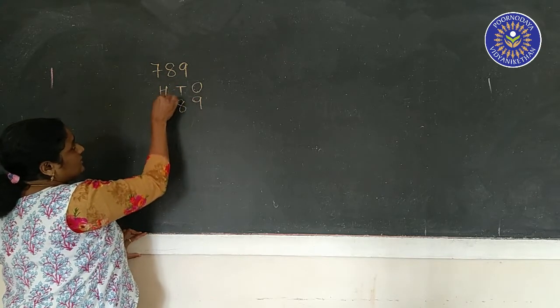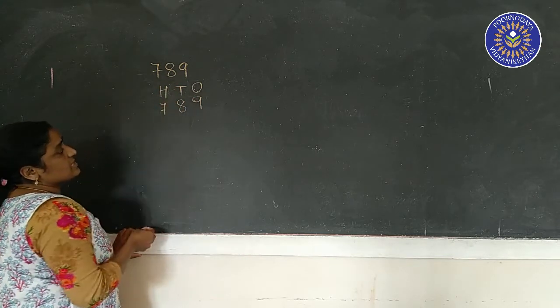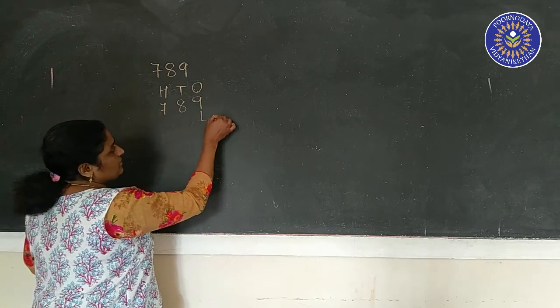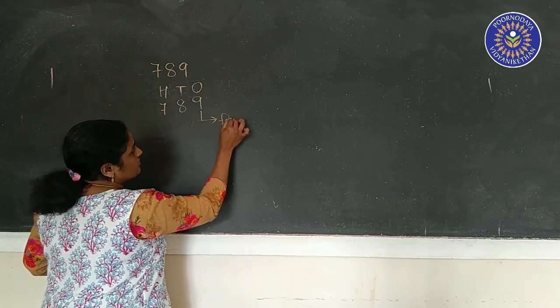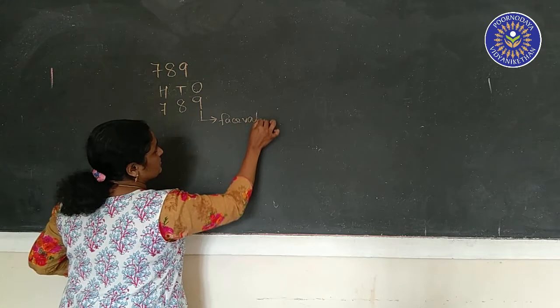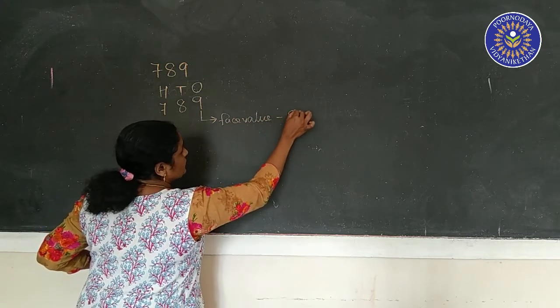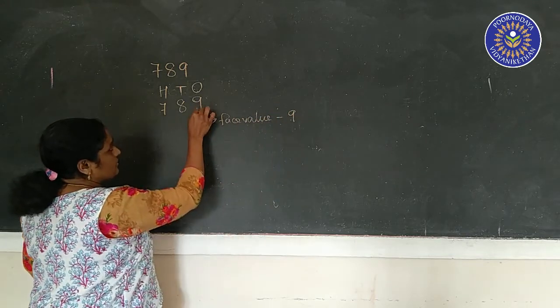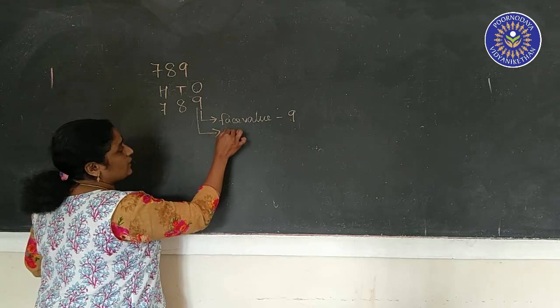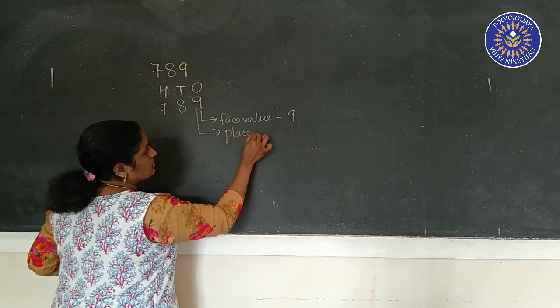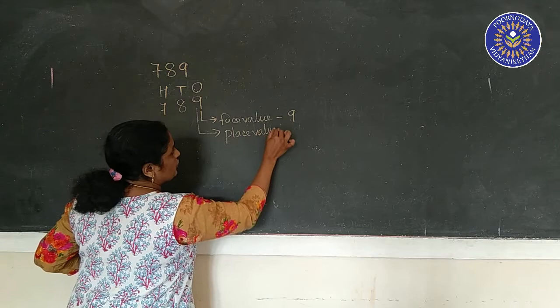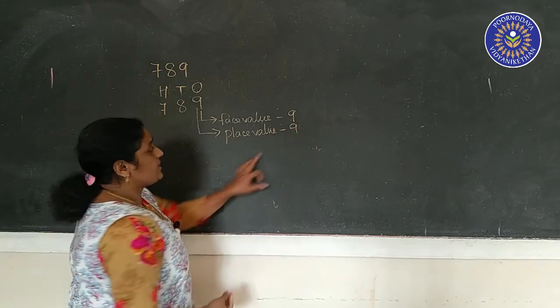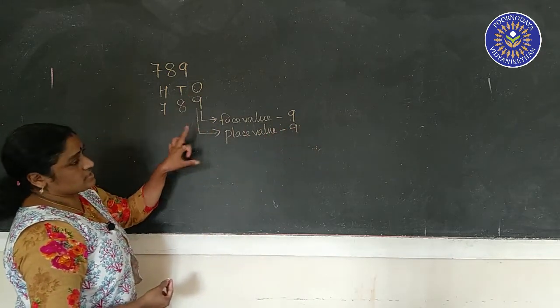And in hundreds place, 7. Tell me the face value of 9. Face value 9 itself. What is the place value? Place value of 9 is also 9 in ones position.